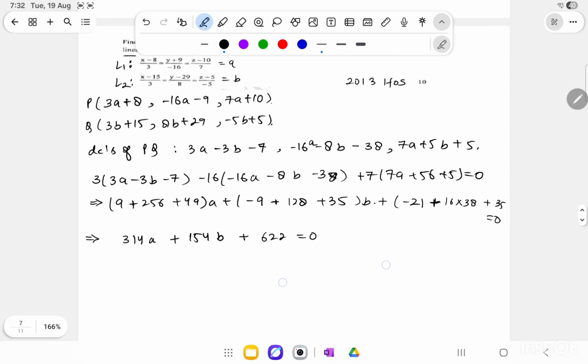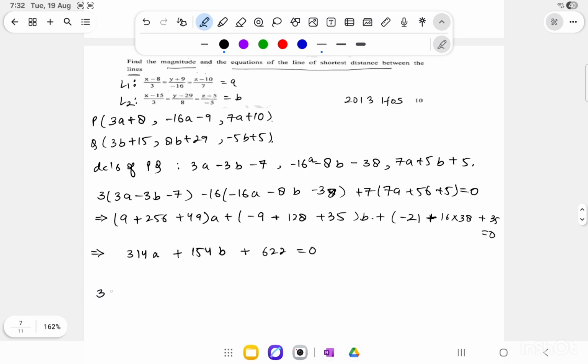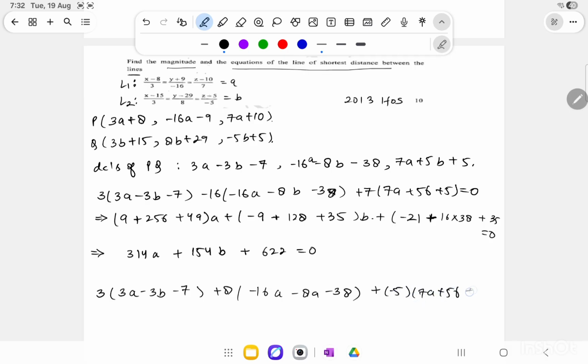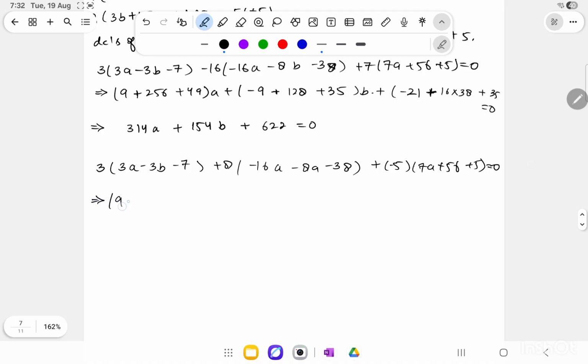Likewise, I can use the perpendicularity condition with line L2. So using that, I'll get 3 into 3a minus 3b minus 7, plus 8 into minus 16a minus 8b minus 38, plus minus 5 into 7a plus 5b plus 5 equals 0.